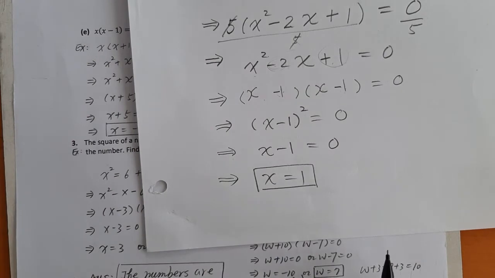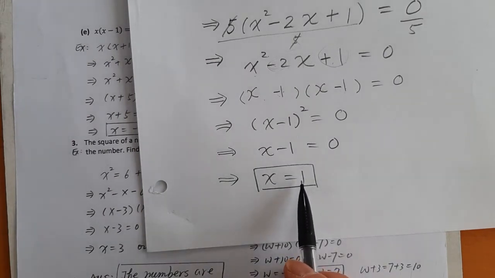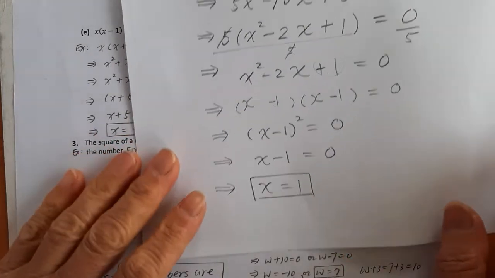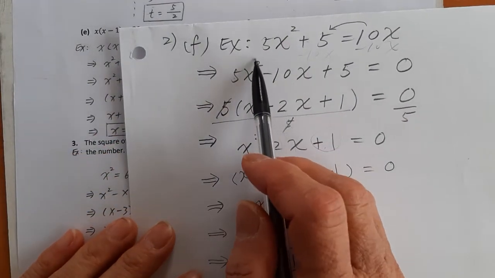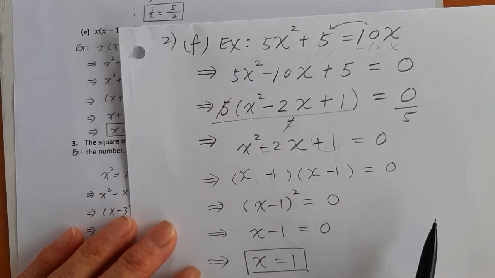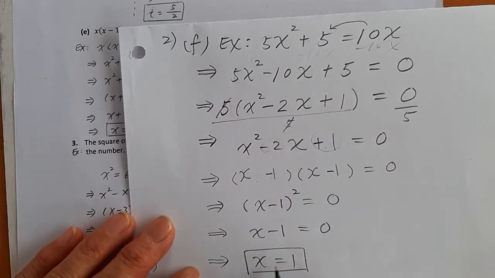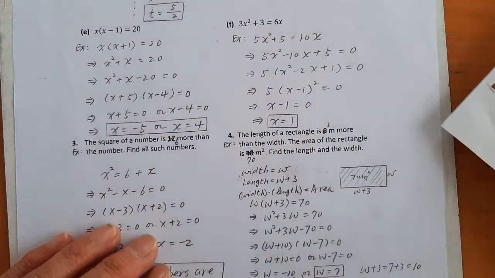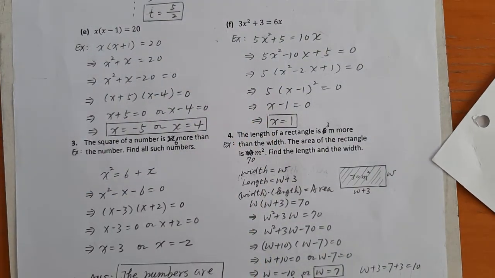Actually, it's two solutions, but both are 1, the same number. The degree is 2: a quadratic has two solutions, and they can be the same number. It's still two solutions, but here it is repeated.